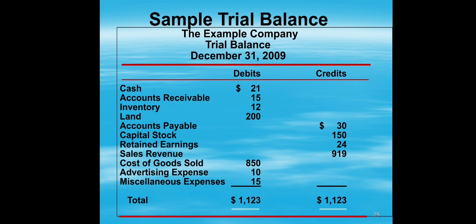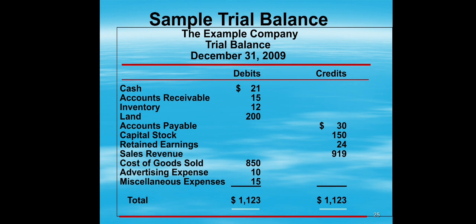The names of these accounts are coming from the ledger. And then you have to show the balances of these accounts. The second column is for the debit balances. For example, cash has $21 debit balance, account receivable has $15 debit balance, inventory has $12 debit balance, etc.